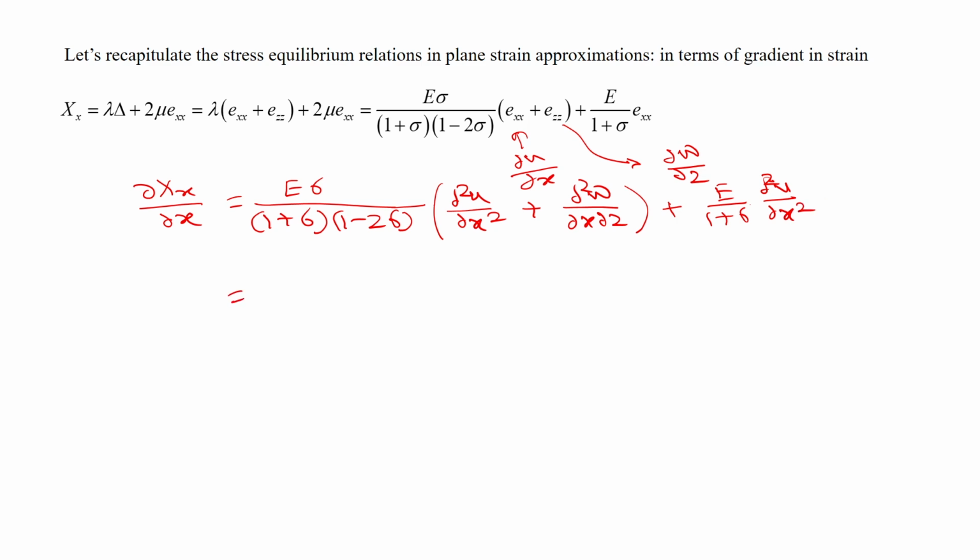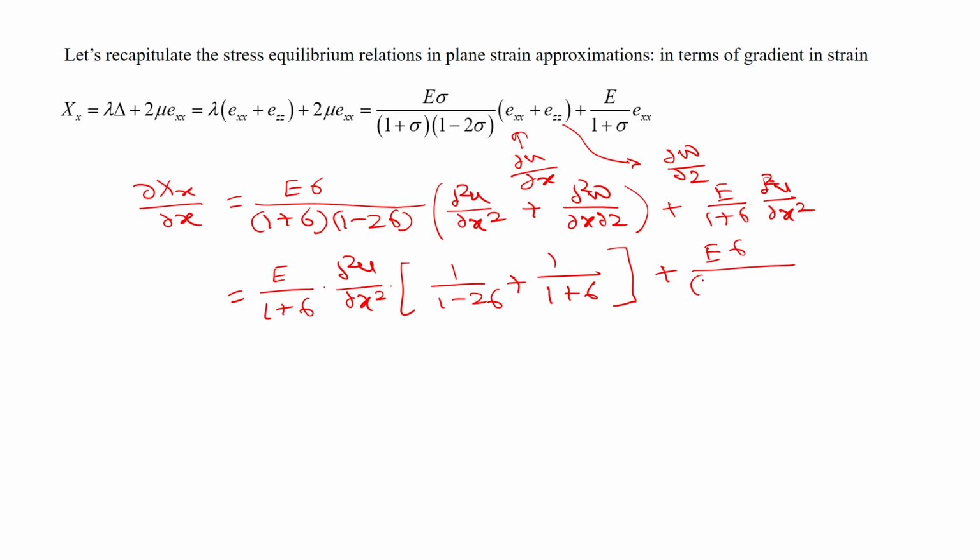Let us take the terms of del square u by del x square together. So E over 1 plus sigma into del square u by del x square into 1 by 1 minus 2 sigma plus 1 by 1 plus sigma, plus E sigma by 1 plus sigma into 1 minus 2 sigma into del square w by del x del z.